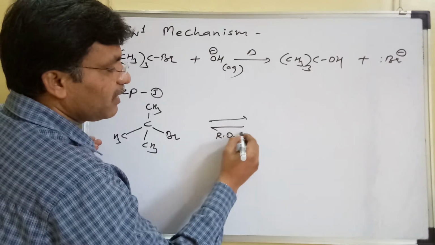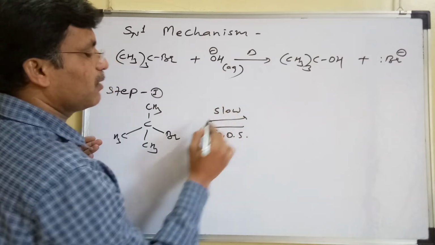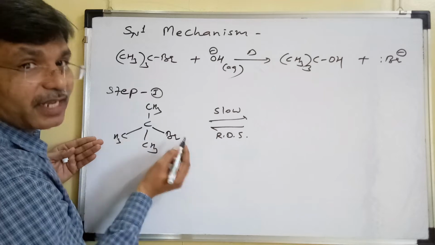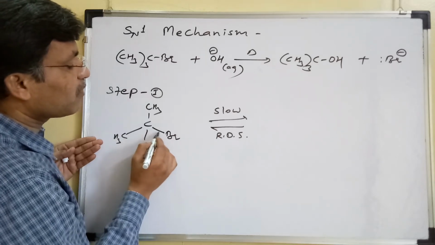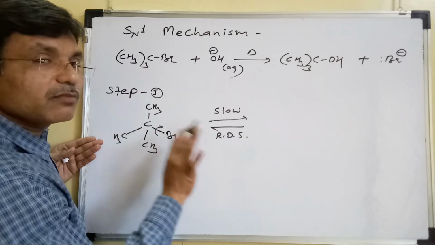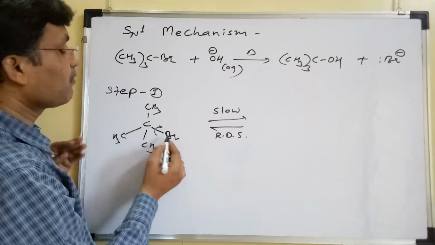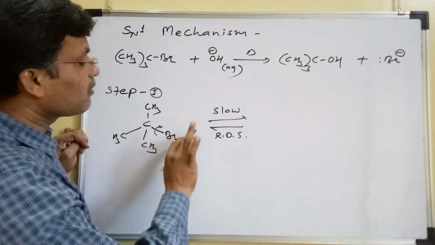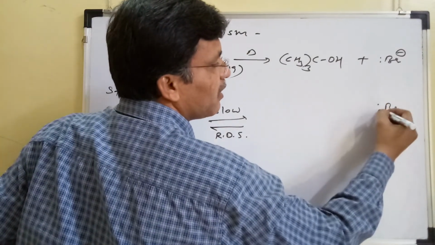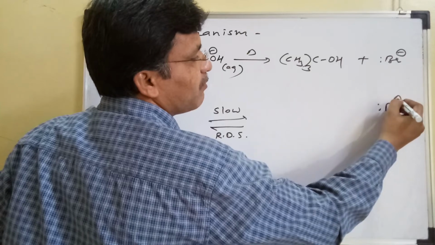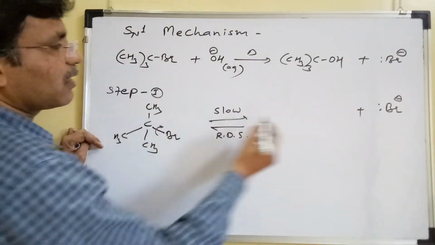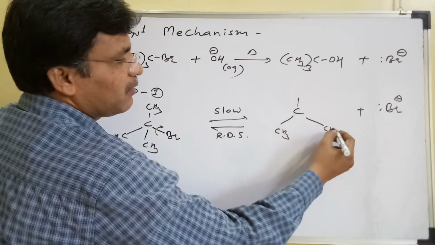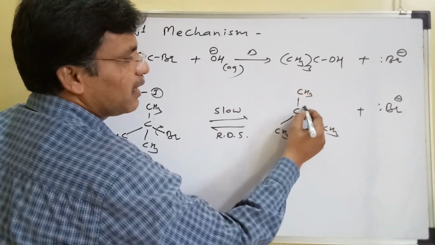This is the rate determining step, a slow step in which the carbon and bromine bond will break heterolytically, or this is called the heterolysis of the C-Br bond. So both electrons will be drawn towards the bromine because of its higher electronegativity. So bromine carries a negative charge, and this carbon carries a positive charge.